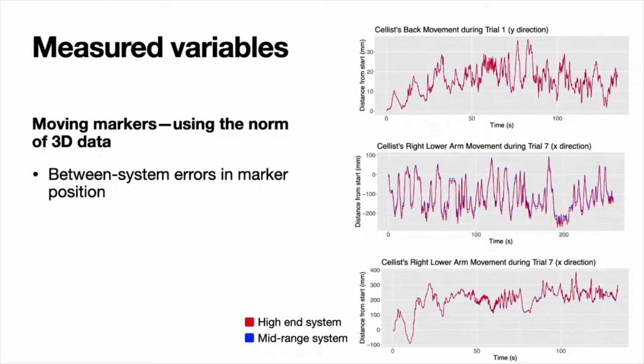As you can see, the trajectories recorded by the two systems are almost but not quite identical. In particular, if you compare the first plot on the top to the second one, you can see that some of the markers were recorded with a higher degree of similarity between the two systems than others. For moving markers, we looked primarily at the magnitude of error or difference between the systems as a function of quantity of motion.